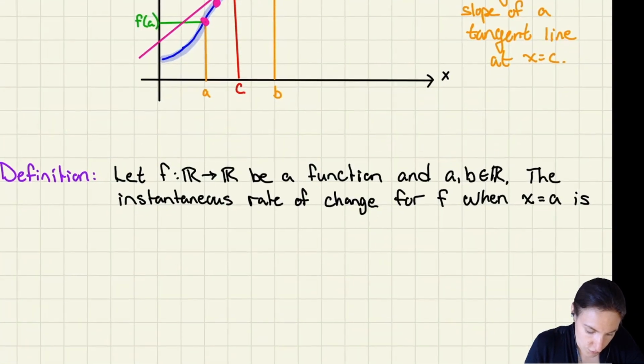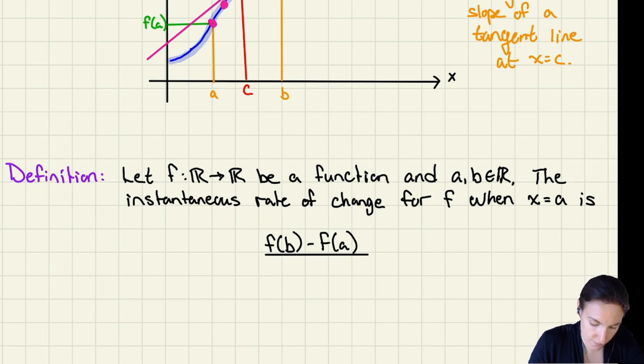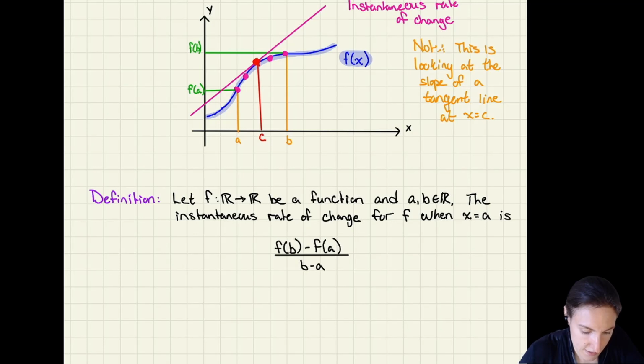if we look at the average rate of change, we have f of b minus f of a, divided by b minus a. And if we were interested in the instantaneous rate of change at a, I would want to take my b and move it closer and closer until I eventually reach the same position.